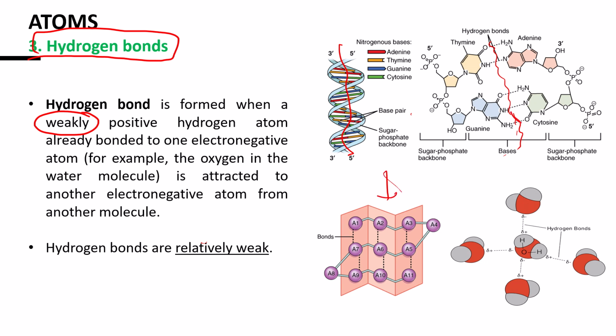This other picture just shows proteins, right? Right now, don't worry too much about it. Each letter, A, A1, A2, A3, stands for amino acid. Remember that the building blocks of proteins are amino acids. So when you have a bunch of amino acids linked together, that's what forms a protein. But the point I want to illustrate is that you can see again this dotted line that represents a bond.